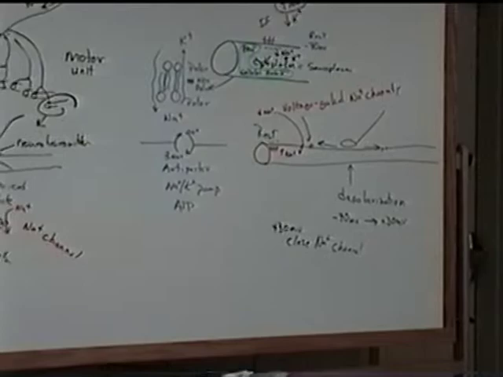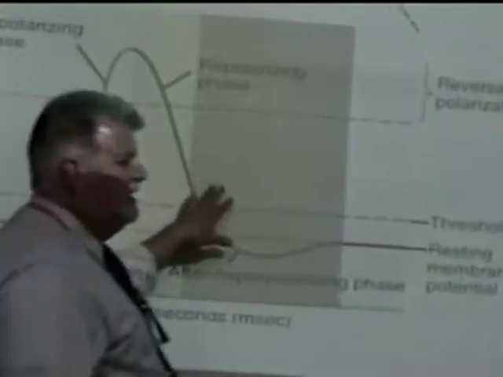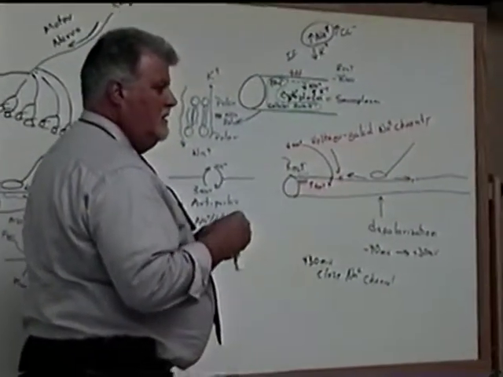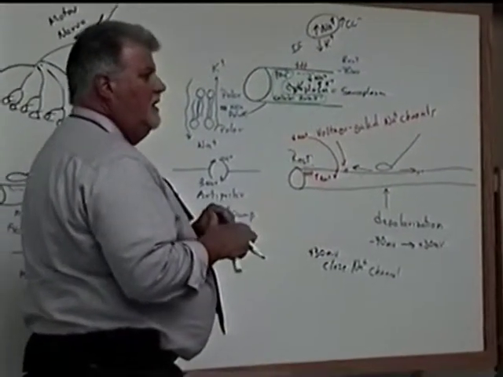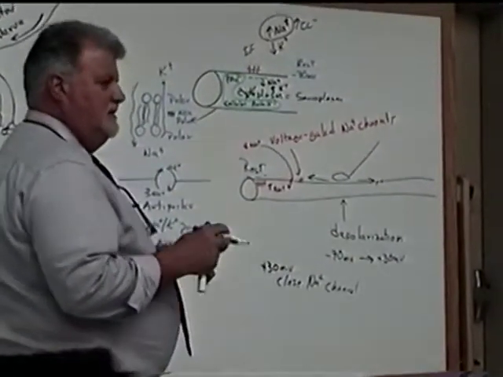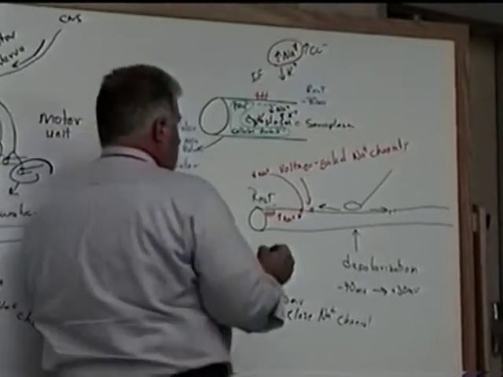But what it does is open a second channel, which is a potassium channel. Yes? So at this point, you have your sodium inside the cell, your chlorine outside the cell, and your potassium still inside the cell. Okay.